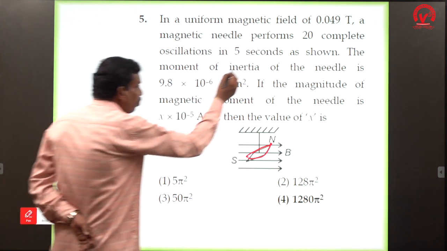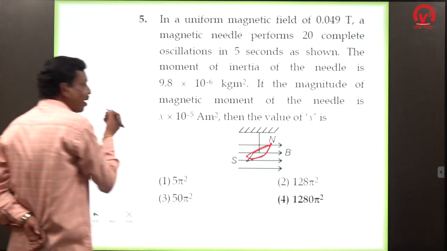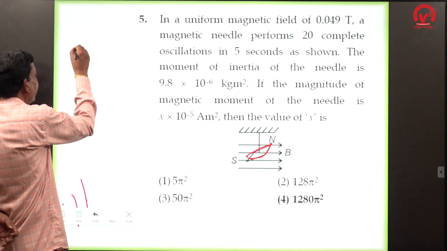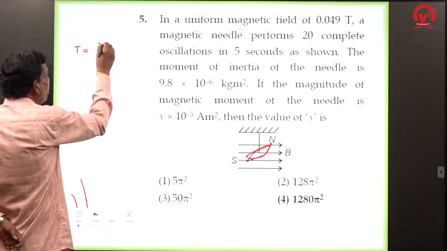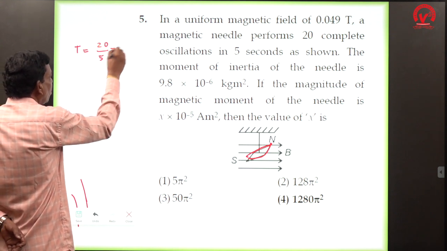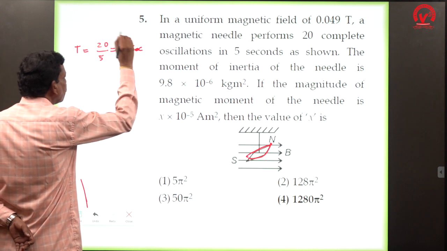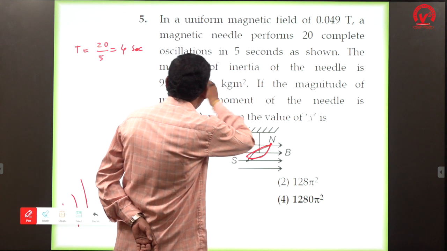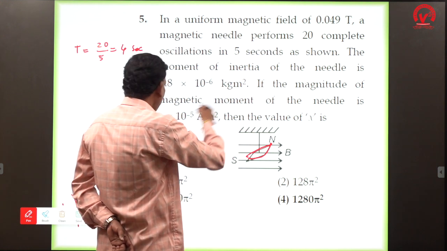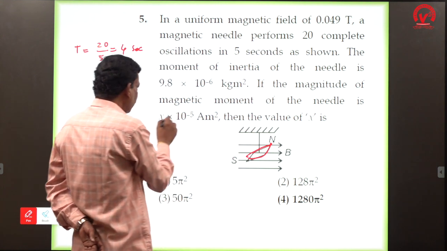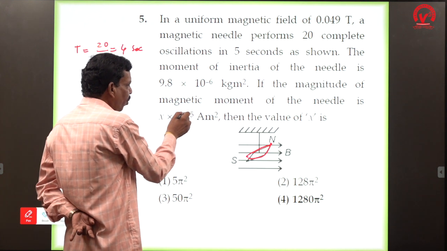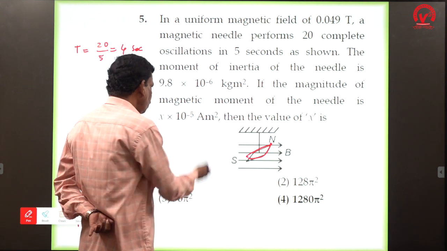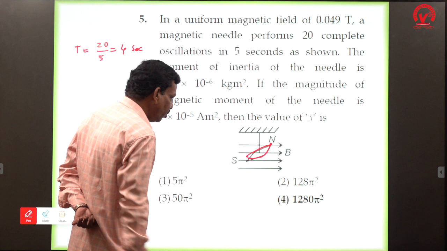So 20 complete oscillations in 5 seconds means what? Time period T is equal to 5 by 20, that equals 0.25 seconds. Time period we get. And they are given the moment of inertia of the needle and the magnetic moment x into 10 power minus 5 ampere meter square. We need the x value, they ask.